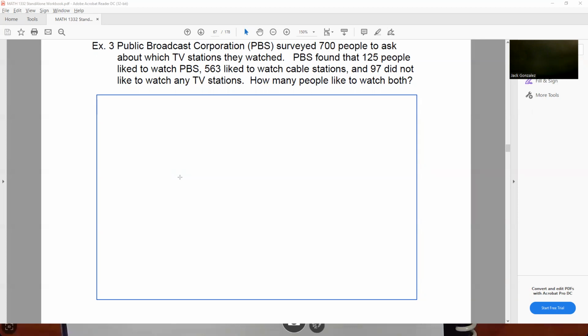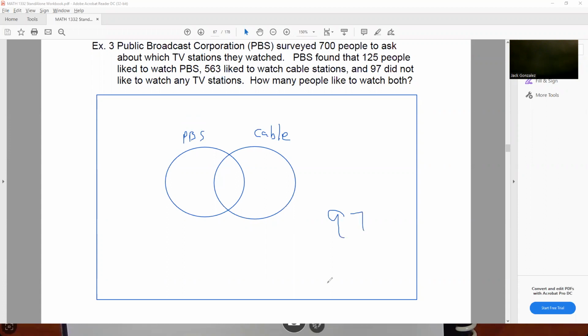That's 2, right? So PBS and cable stations. This is PBS. Let's call this cable. 97 say they did not watch any TV station. So that's out here somewhere, right?